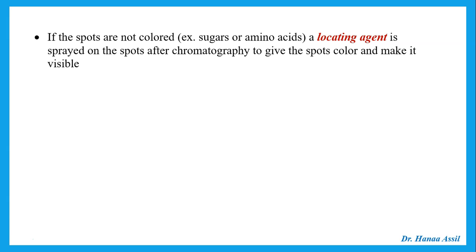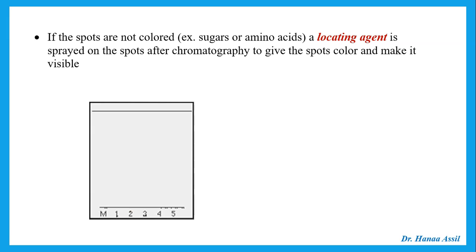Okay, what if we're doing chromatography of spots that are not colored? For example, sugars, glucose, fructose, these are not colored. Amino acids are not colored. So if we do chromatography of sugars or amino acids, the spots are not colored, so I don't see anything.